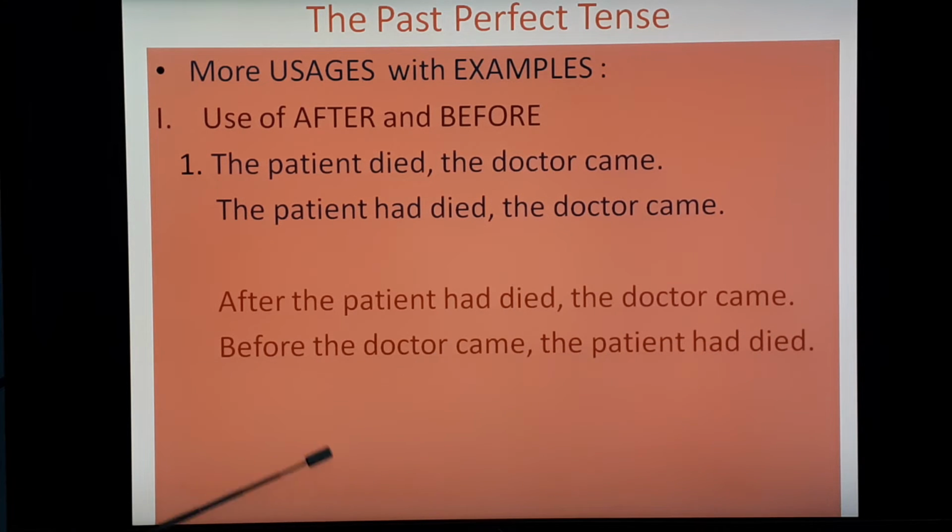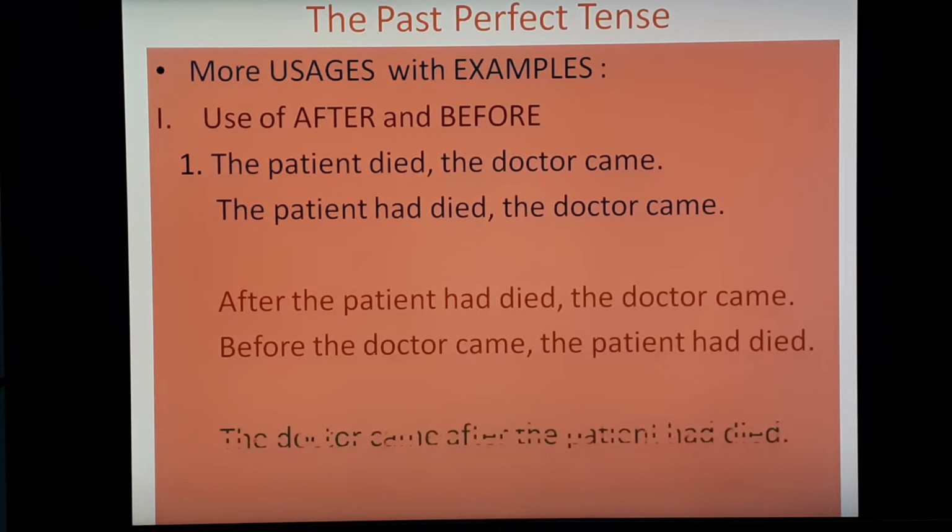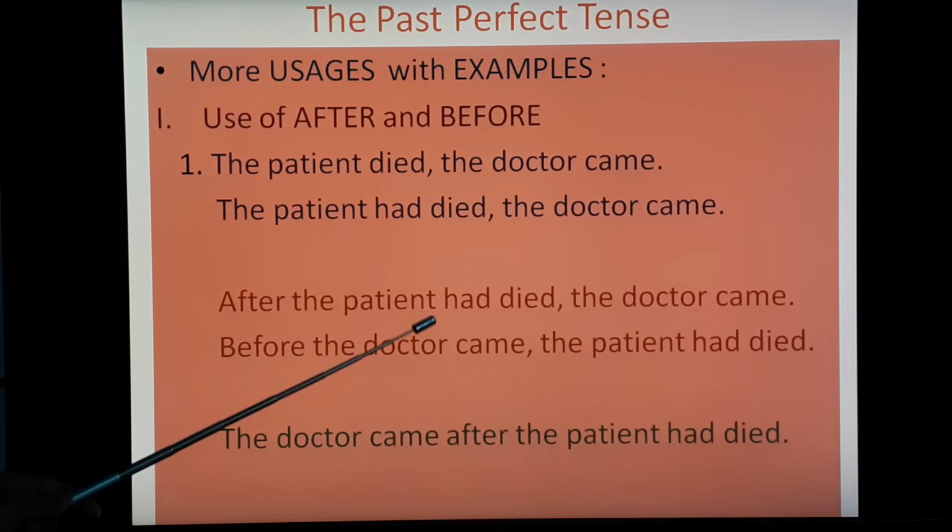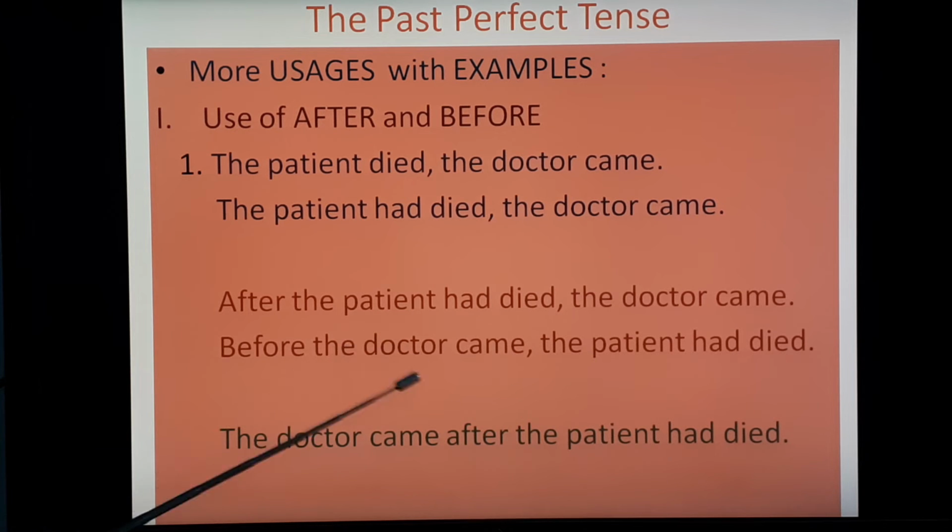Now we will see how to put this after and before in between the sentence. Don't change the action, okay? You have to be very clear. With the first action, past perfect tense will come, and with the second action, V2 form will come, that is simple past. Here it is given the doctor came, we have put here after in between the sentence.